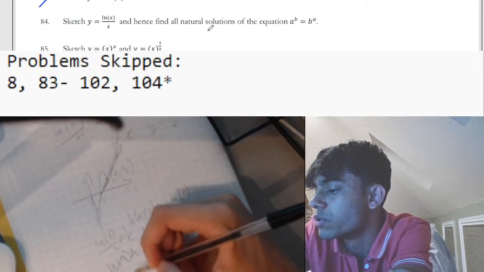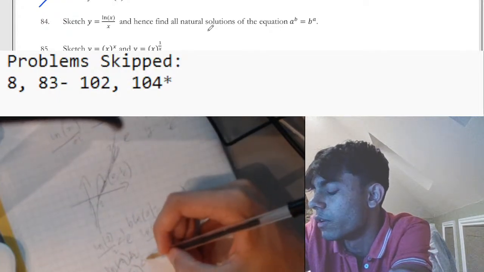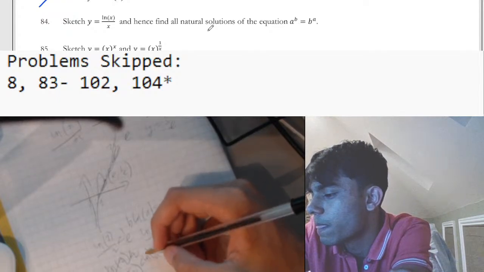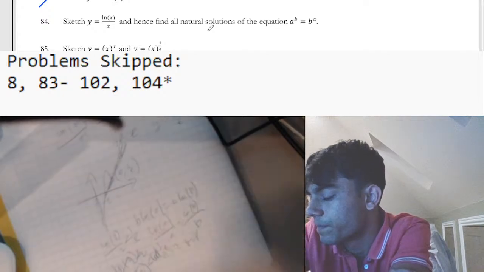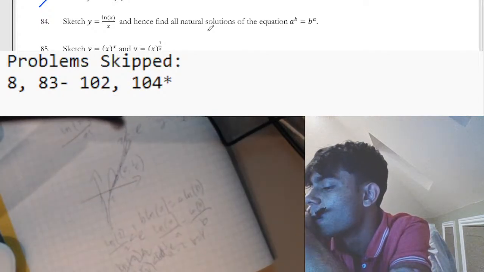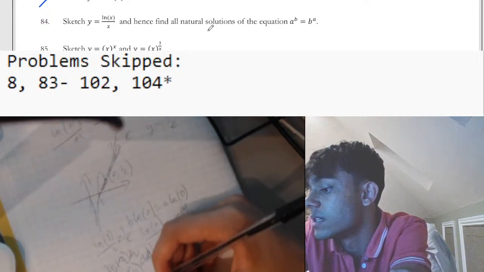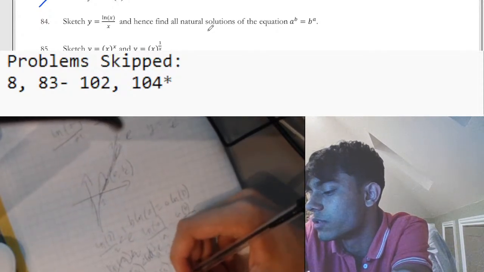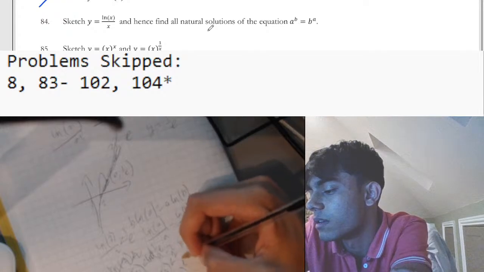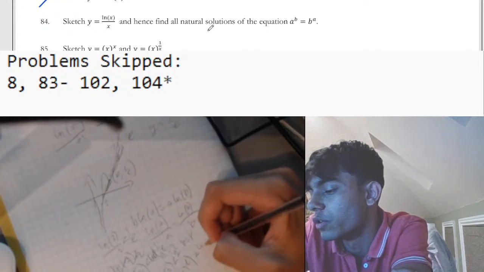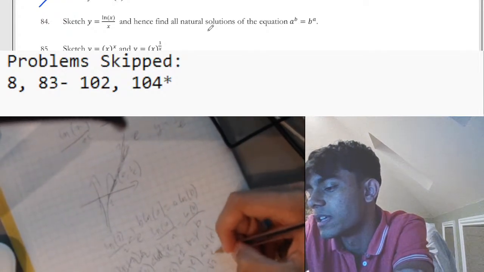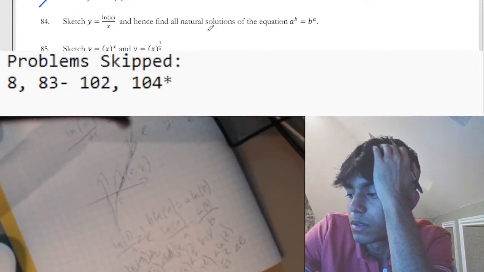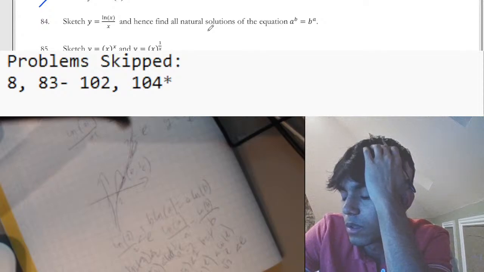So it's ln root 2 or 1 over e. So it's e ln root 2 or 1. So it's ln root 2 to the e or ln e. So it's root 2 to the e or e, but e is bigger than 2, so it's smaller.